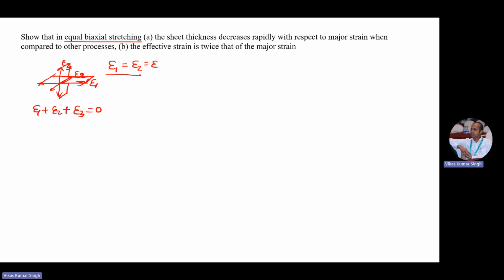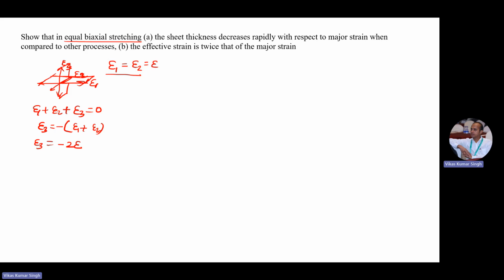If we put this condition here, epsilon 3 will be minus of epsilon 1 plus epsilon 2, and if we put in all the values, you will get epsilon 3 equal to minus 2 epsilon. This is coming from the volume consistency.